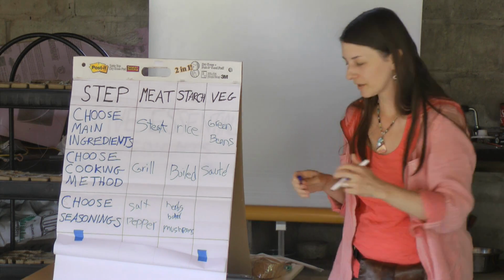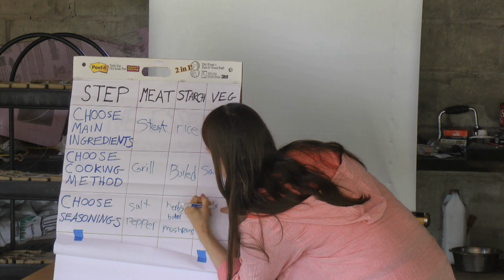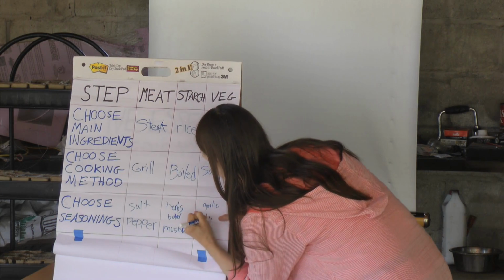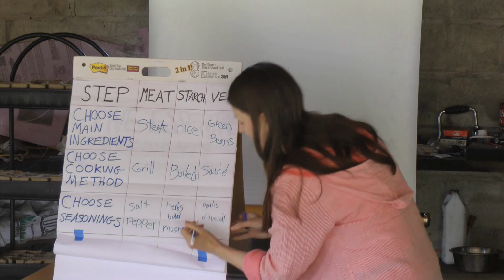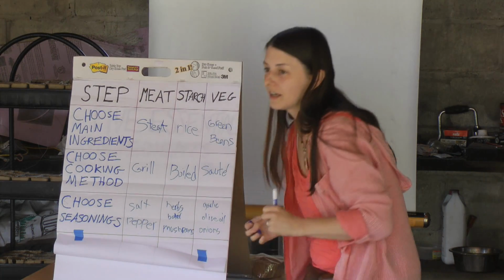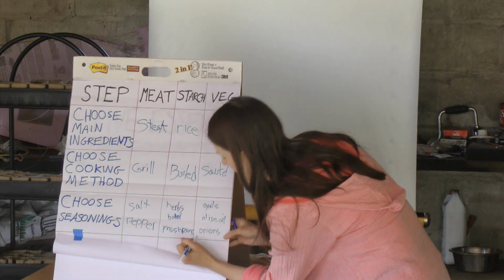Garlic. What kind of oil are you going to use? Olive oil. Anything else? Onions. Okay. I'm going to throw in one more thing. How about some balsamic vinegar? Sound good? Okay.